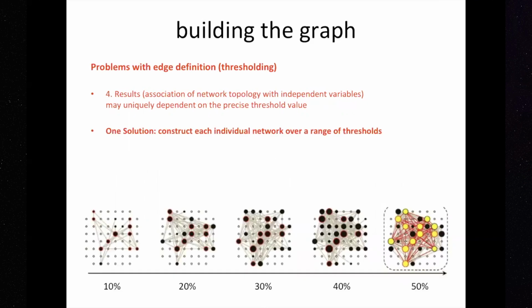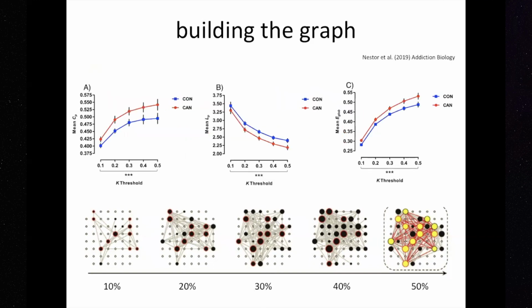One solution that covers all those problems that I just mentioned would be to construct each individual network over a range of thresholds by using this normalization by wiring cost, or the proportional thresholds. So starting at 10% of possible connections, increasing, for example, in steps of 10% up to, let's say, 50%. This then usually results in graphs as you see here in a recent paper by Nestor and colleagues in Addiction Biology, where they compared cannabis-dependent subjects and controls.